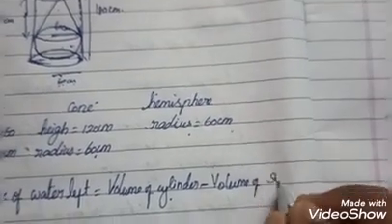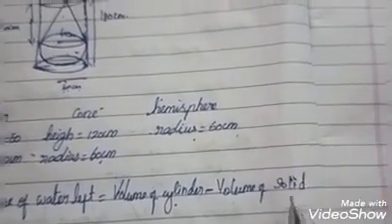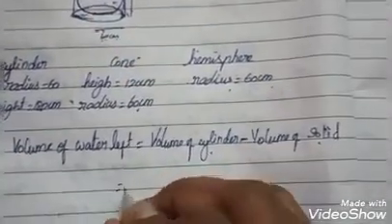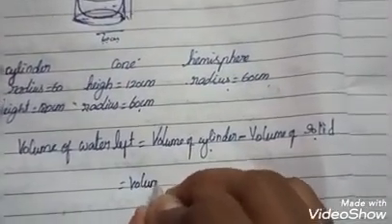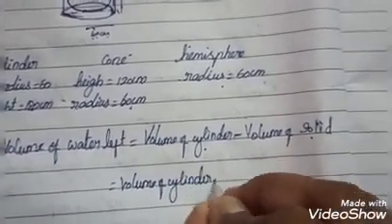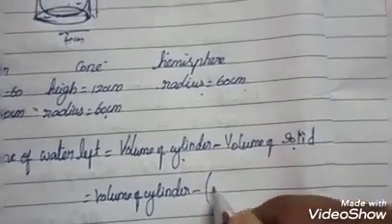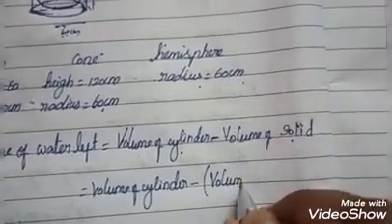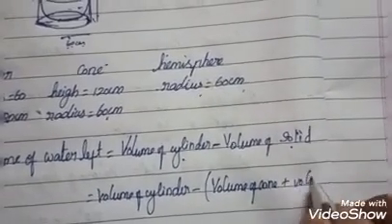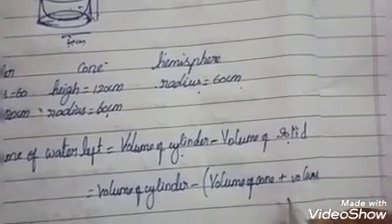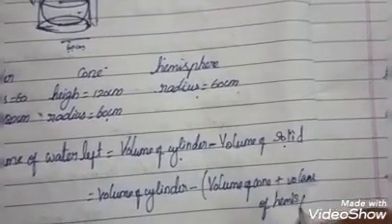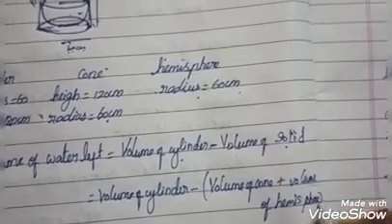Volume of solid. So solid is nothing but a combination of cone and hemisphere. So which is equal to volume of cylinder minus volume of cone plus volume of hemisphere.